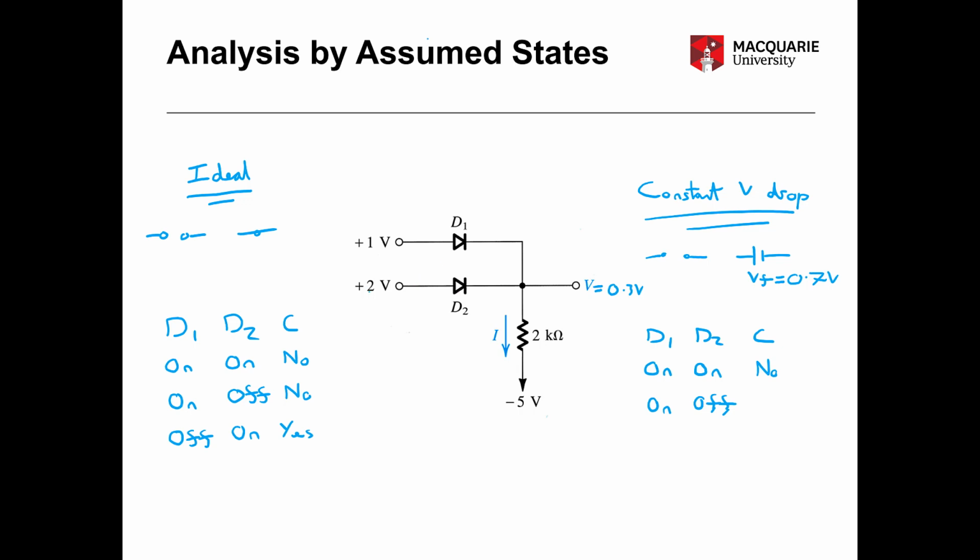As we can see, we have 2 volts on the left, 0.3 on the right, so that diode must be on. So once again, inconsistent.